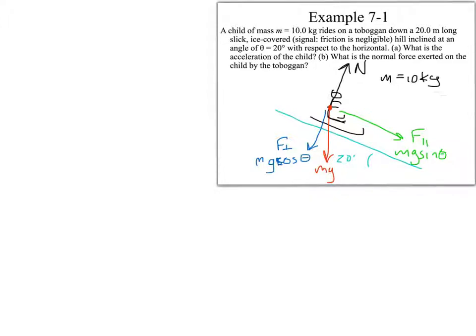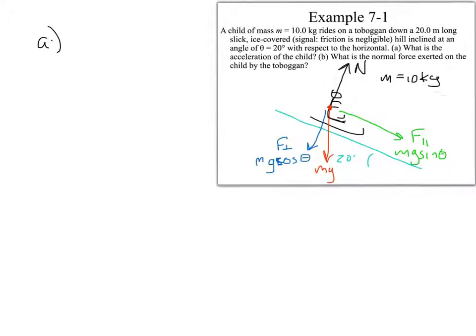So normal is going to be the same thing as the force perpendicular of the child's weight being directed into the hill, but it's the hill's force that it applies back to support that weight. So the normal force and the force perpendicular are almost always going to be the same thing.